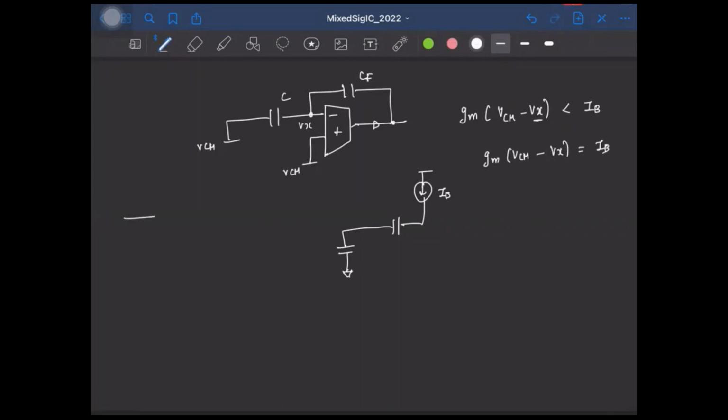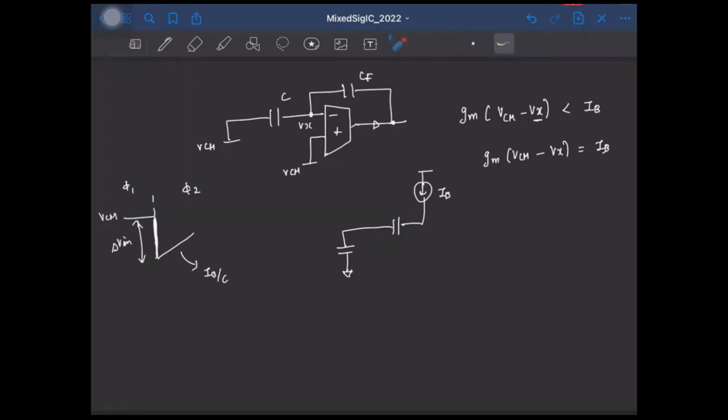So let us say this is the phase phi 1. Here we have phi 2 starting. So the voltage instantaneously jumps down by an amount of delta V in. And when slewing is there, we will have a linear rise in the voltage and the slope is IB by C, right? And till Vx falls below Vcm, this is Vcm, right?